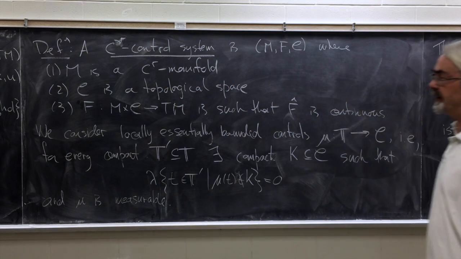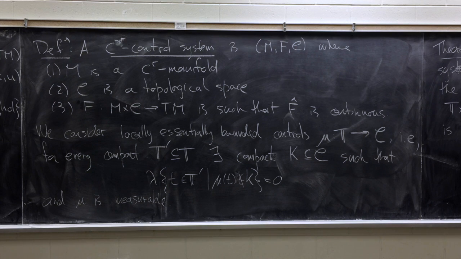So for example, Pontryagin's book on optimal control theory is talking about C1 control systems. So this definition includes all the places where people have talked carefully about what they mean by regularity of a control system, and extends those definitions to the analytic case.